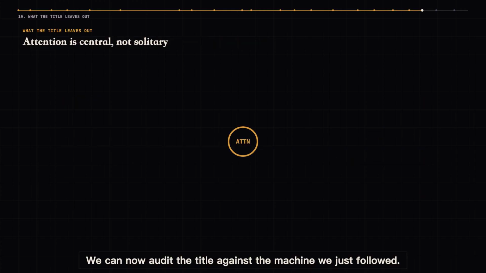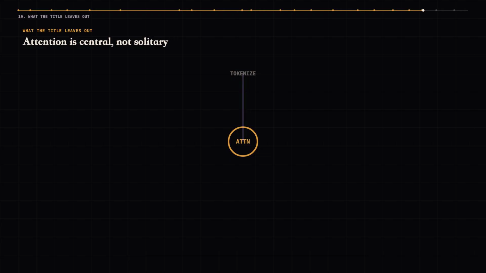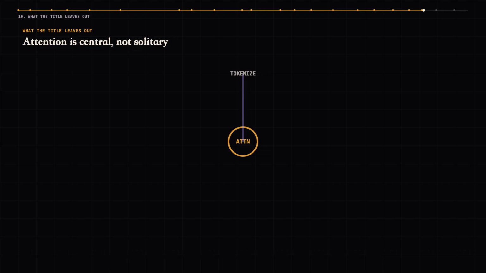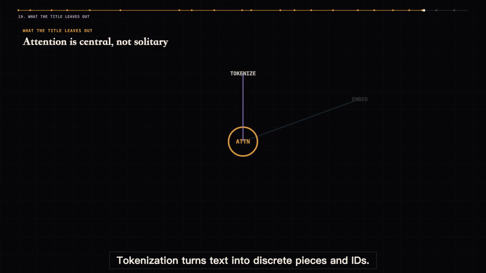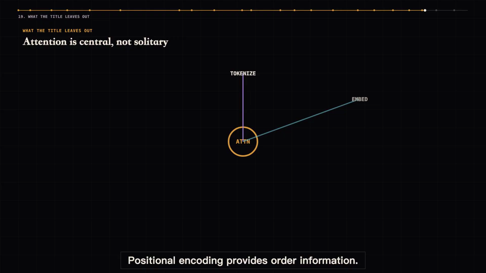We can now audit the title against the machine we just followed. Attention moves information between positions. The transformer still needs several other operations. Tokenization turns text into discrete pieces and IDs. Embeddings turn IDs into learned vectors. Positional encoding provides order information.